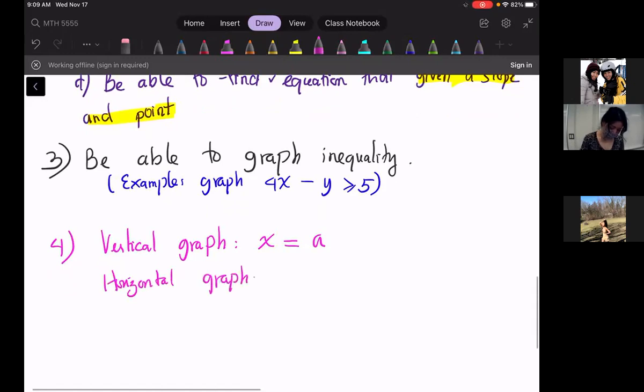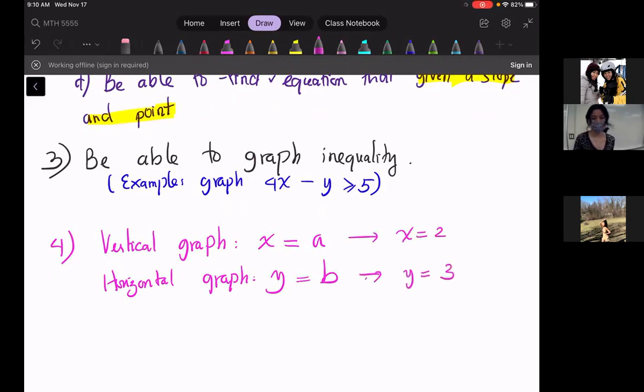Don't mess this up. If you have something like this on the exam, easy point. y equals b. So here you can say x equals 2. Somebody else say y equals 3, etcetera. Stuff like that. So this is just an example. Everyone pick different things.